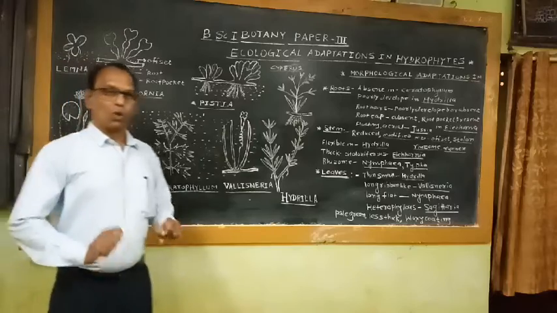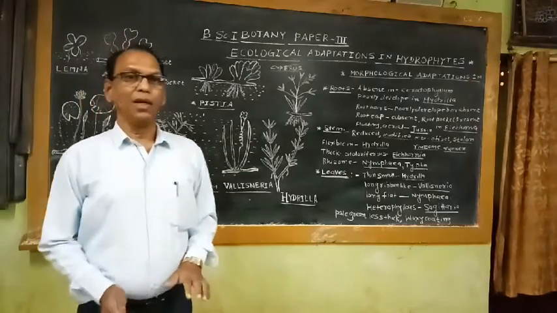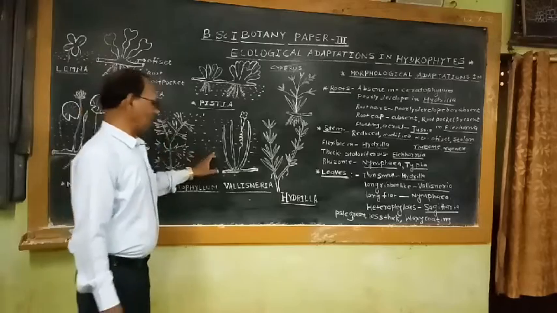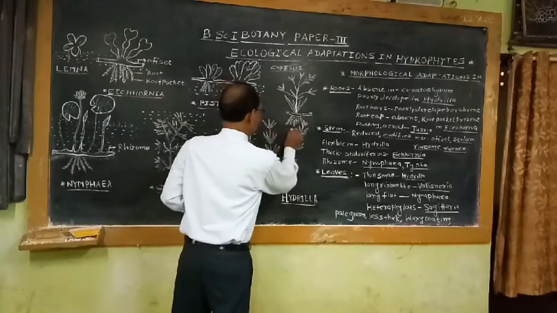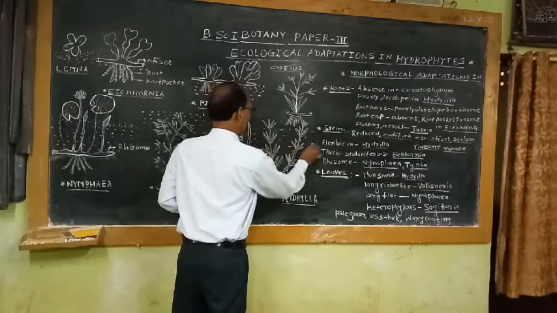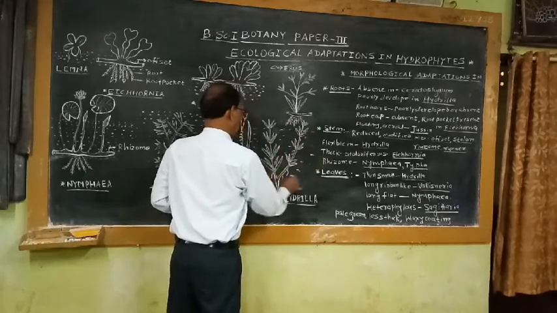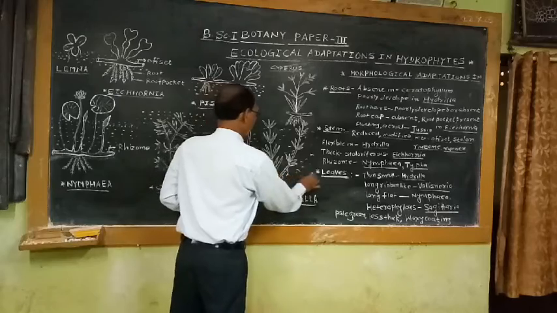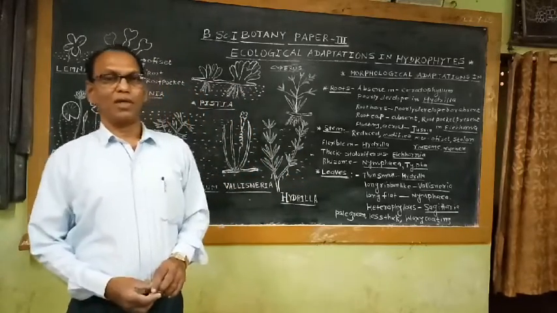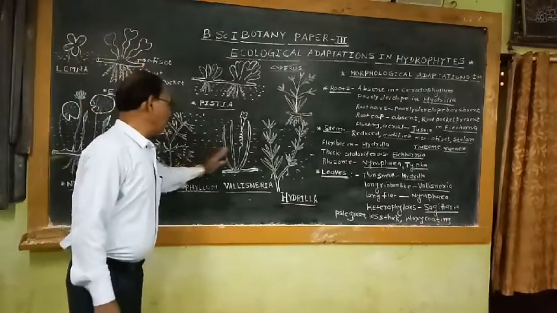That means these plants are growing totally inside the water bodies. Plants like Ceratophyllum, Vallisneria, as well as Hydrilla are totally growing inside the water bodies. That's why this group of plants is commonly known as submerged hydrophytes.